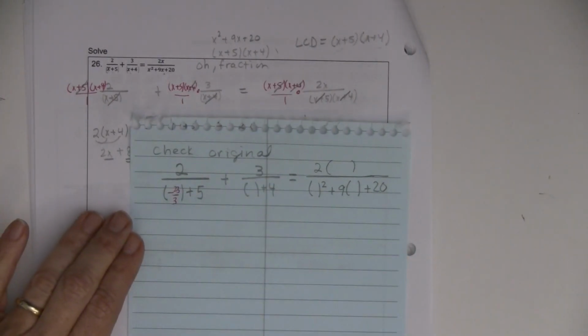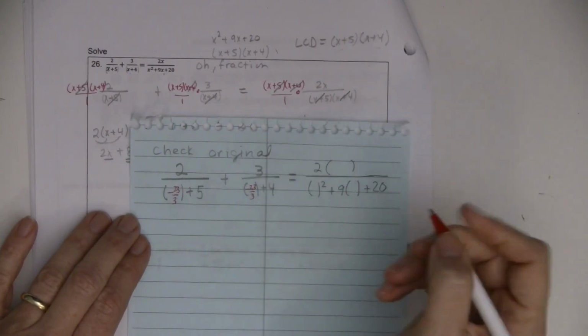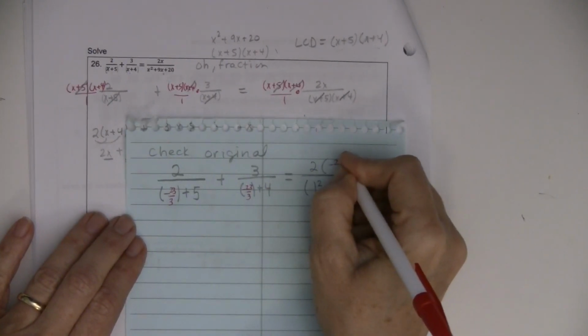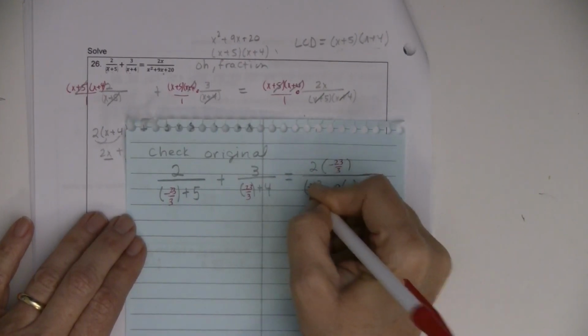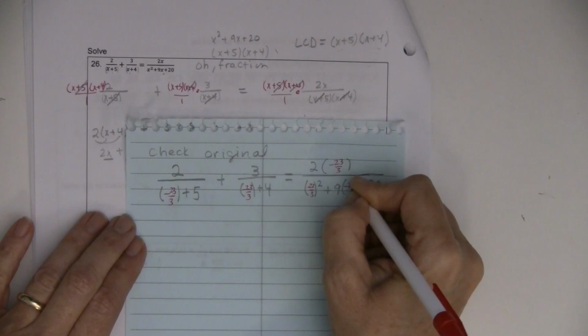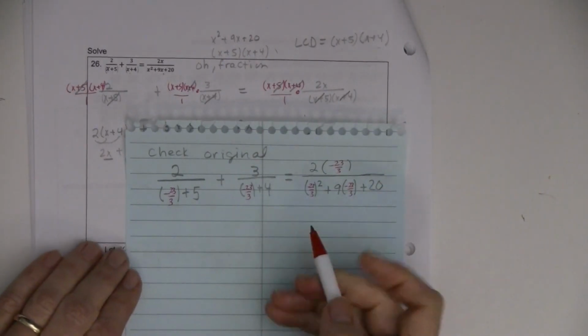Okay? And right here too, and here too, and here too, and here too, negative 23 over 3. And it's like, that's a lot of putting in negative 23 over 3.